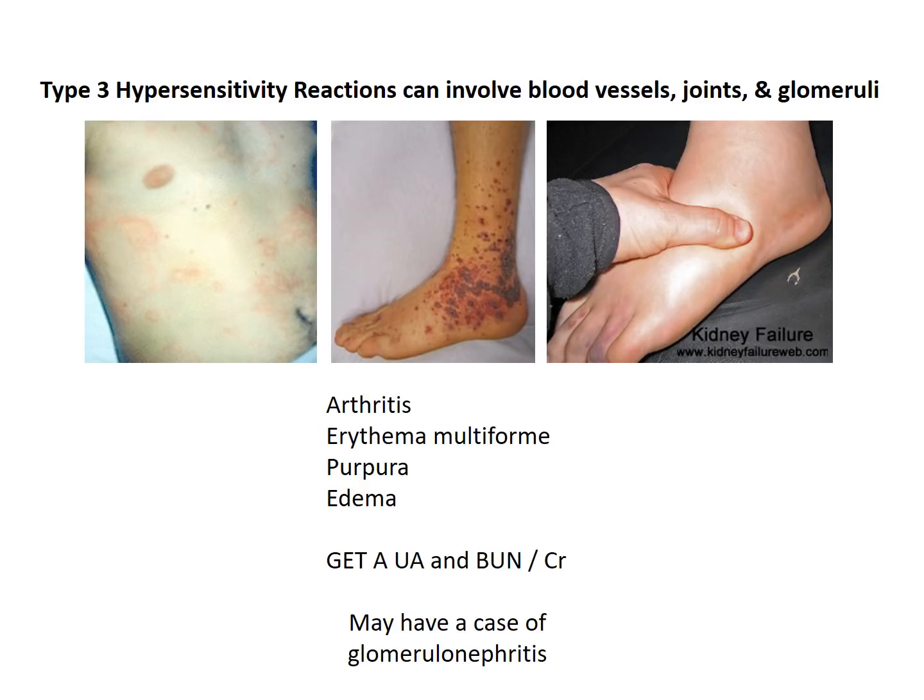So remember, E multiforme is a type 3 hypersensitivity reaction, some forms of vascular inflammation and some forms of arthritis are also type 3 hypersensitivity reactions. If you have one going on in one part of the body, it may also be involving the kidneys. So when you see this stuff, get a UA, get a BUN and creatinine, because you may have underlying glomerulonephritis with that.